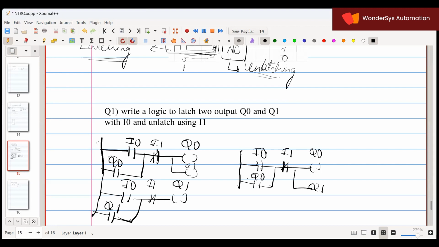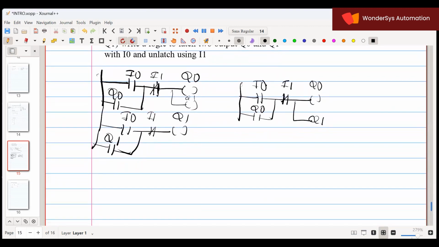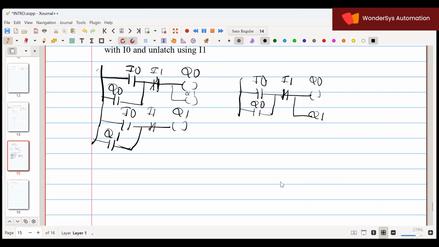Yes, ma'am. Now, this is using only the switches. So the second condition was you have to use set and reset, right? Yes, ma'am. So to set and reset, it's simple.